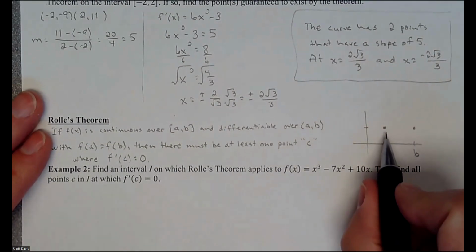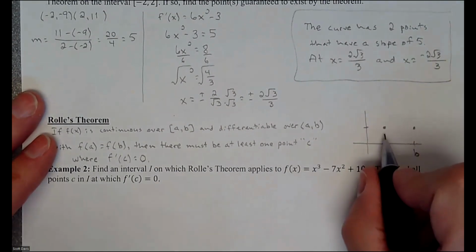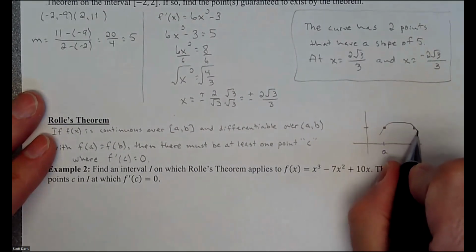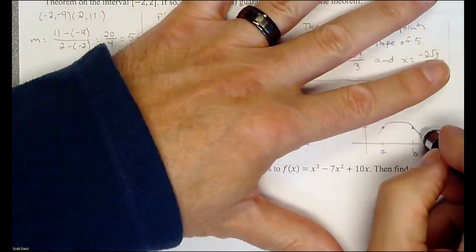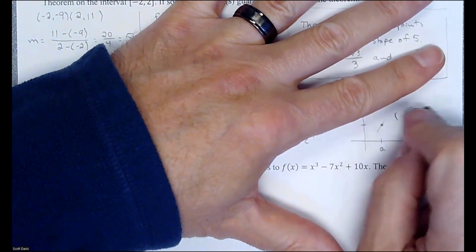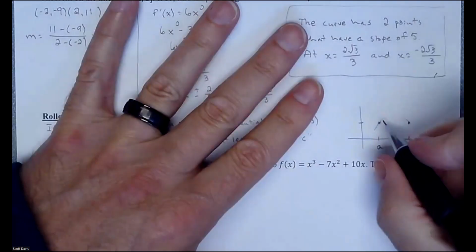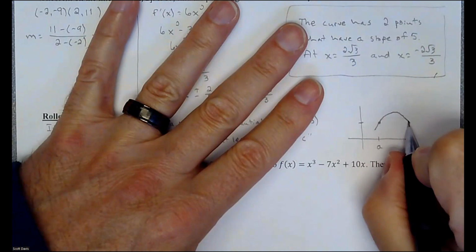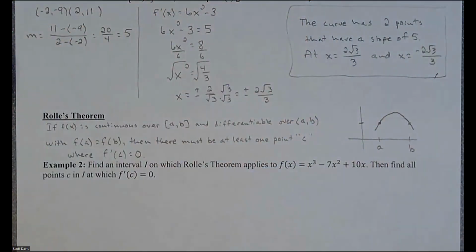So as long as this graph is continuous and there's no abrupt changes in it, it's this nice smooth curve between these 2 points, something potentially like this is going to happen, right? Let me make that a little bit less flat. Something like that happens, right?